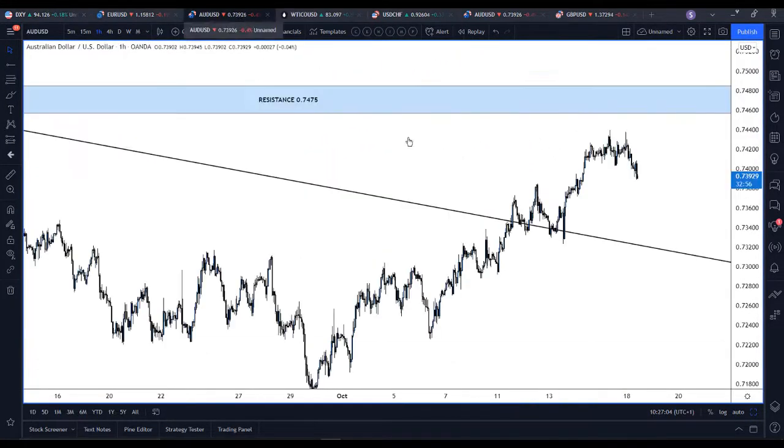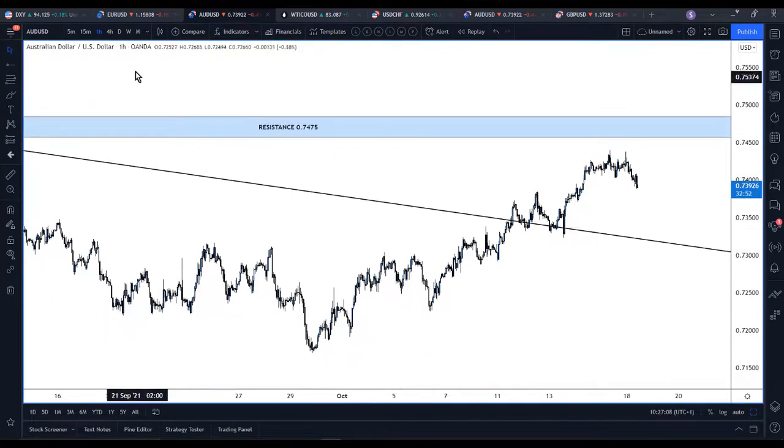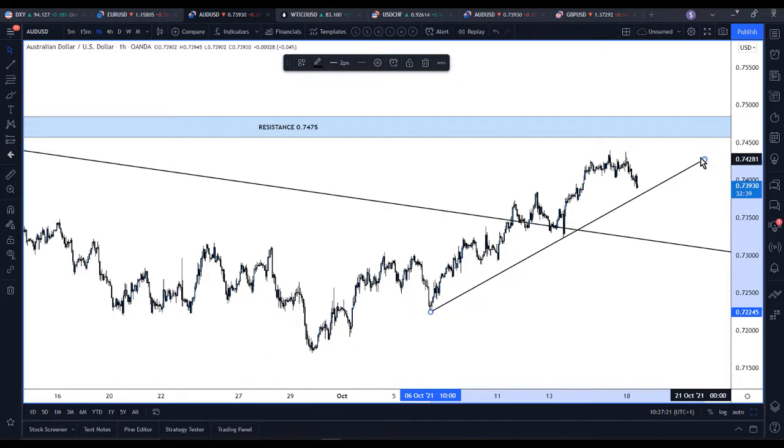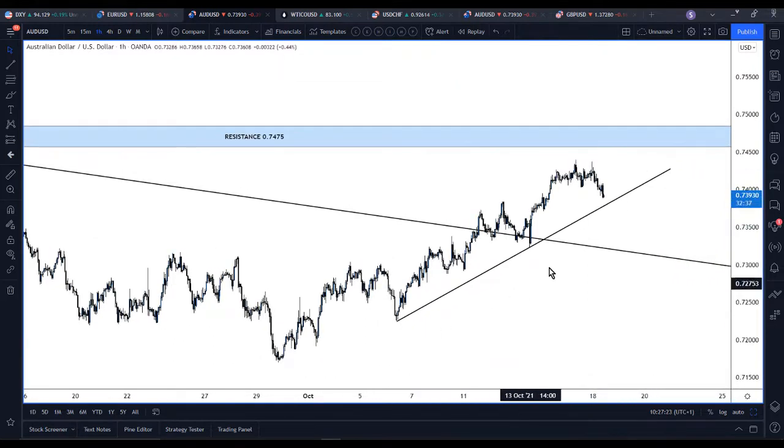Aussie USD. Aussie USD is looking nice for further longs, and there's actually a trend line here. Well, there are more than one actually, but if I just draw from these lows here, you could use the tips of the wicks.